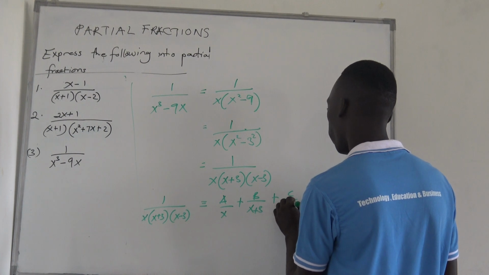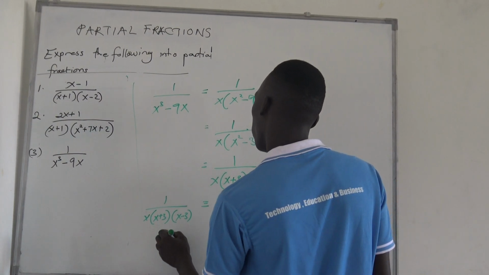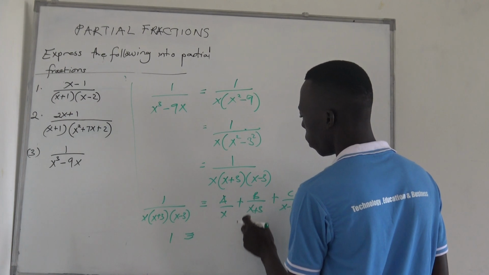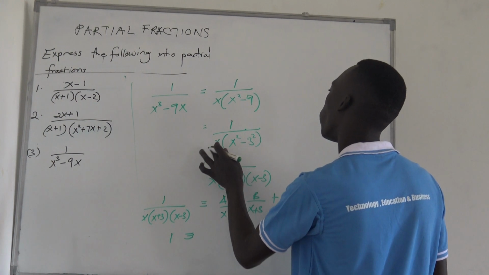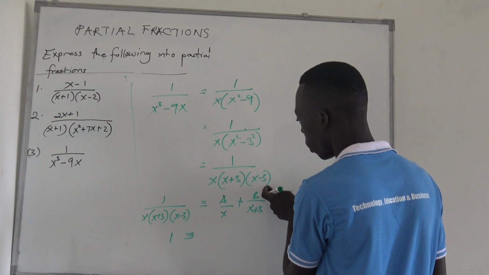So for this case, we say 1 is equivalent to this. We get the LCM first, which is this, so that gives us the same thing here.